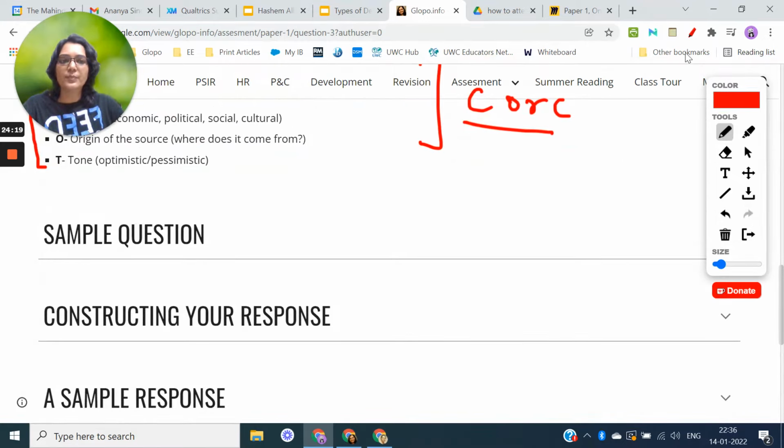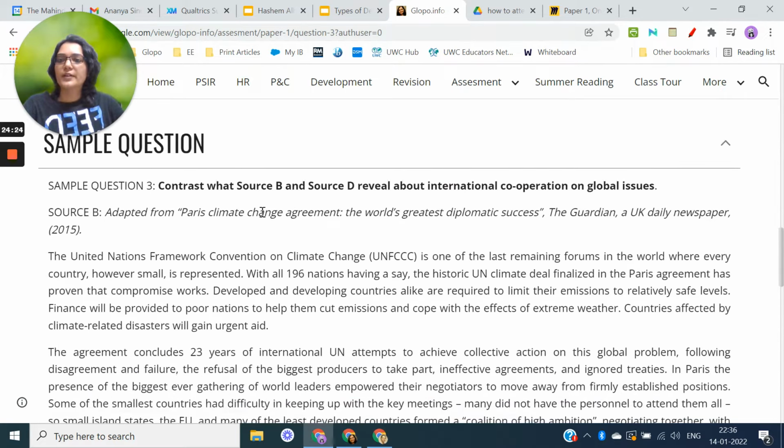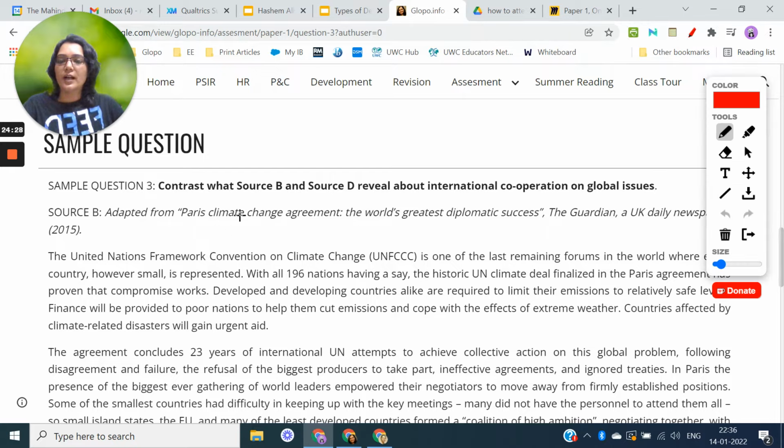Now we move to the sample question. All right, this is the question that is given. I have used the same paper, right? The same paper you saw in the first question, then in the second question, and now this is the third.